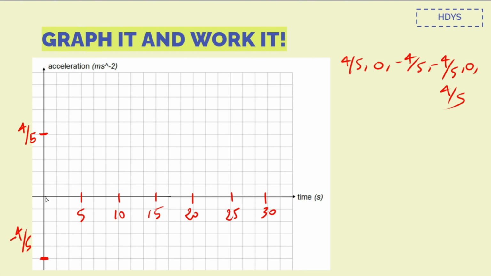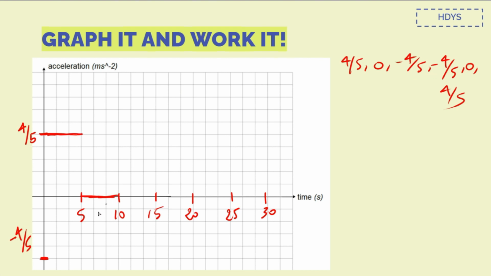Okay, so the first segment from 0 to 5, considering it's a constant acceleration, we're going to plot it out like this, a line. Basically, just a line. And then, with the unrealistic physics we're doing right now, we're going to jump all the way down to 0, and this is where you should draw your line.